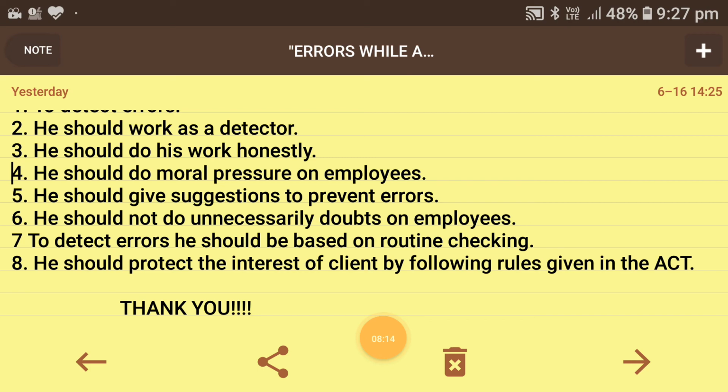He should protect the interest of the client, but with one clause: by following the rules given in the act. It should not be that, for protecting the client's interest, the auditor violates the rules given in the act. No, it should not be done like this. By following the rules given in the act, he should protect the interest of the client.